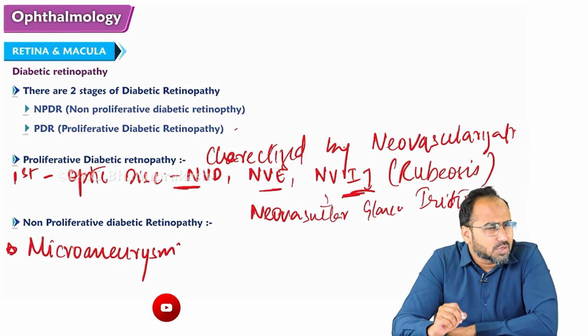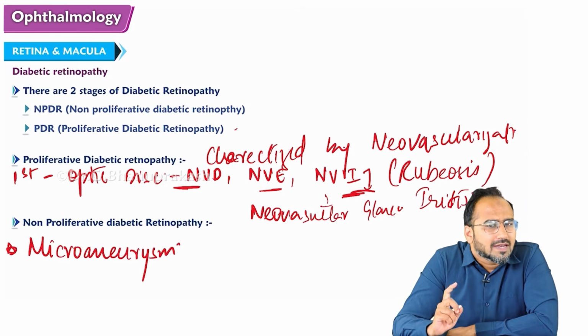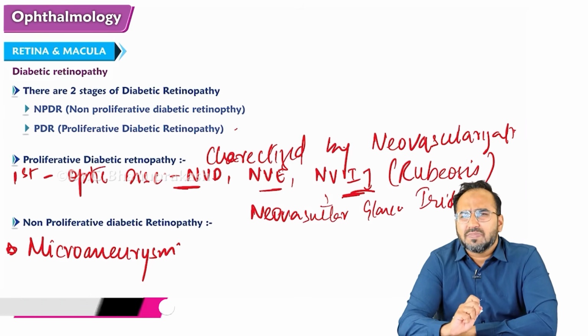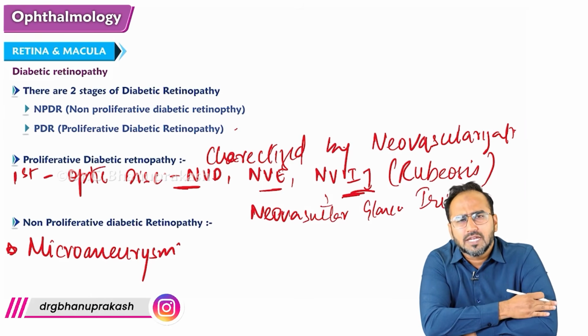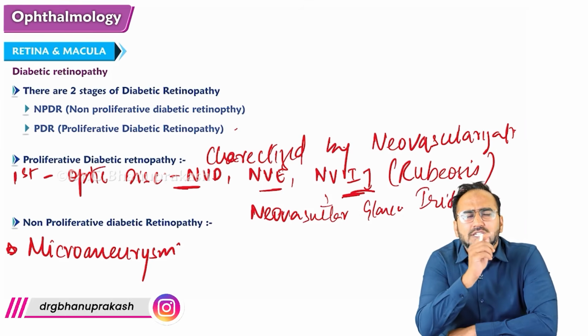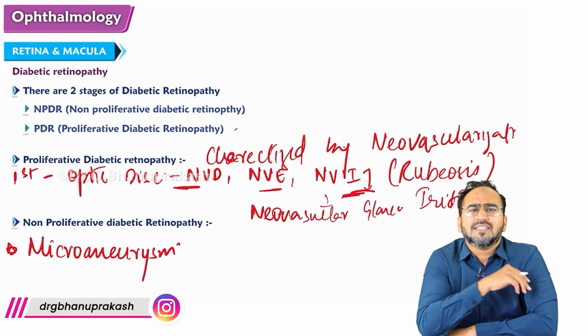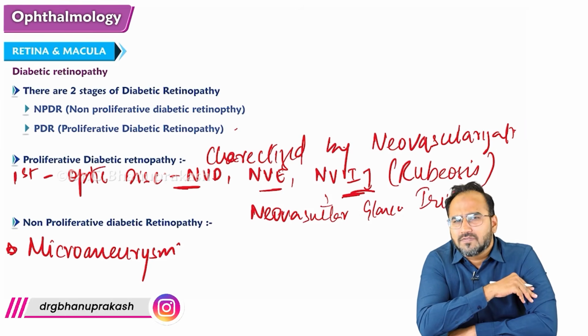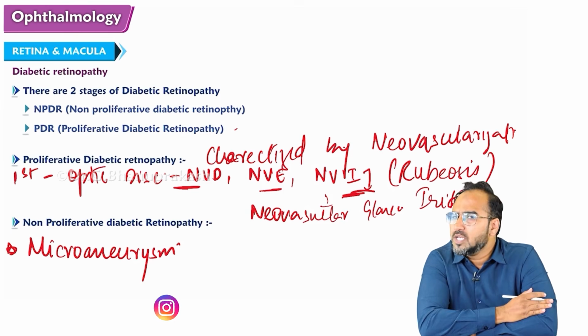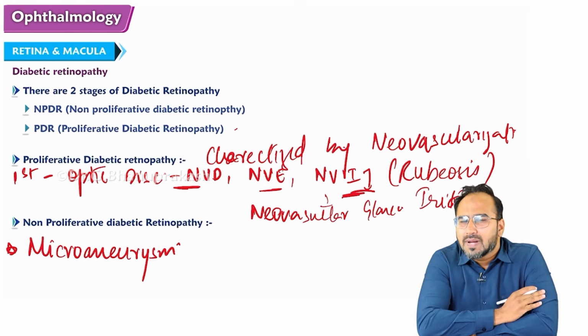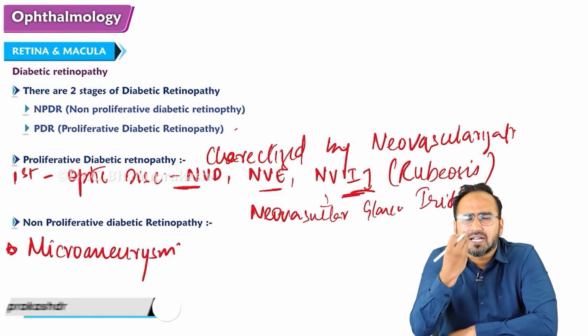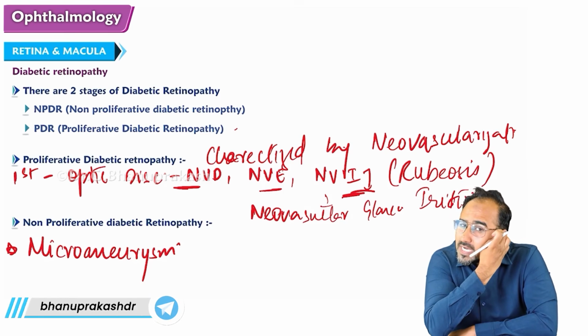But is just microaneurysm seen over here? Guys, look over here. What is meant by aneurysm? Aneurysm is a dilatation of the blood vessel. Small dilatation of the blood vessel, from a weaker point of the vessel, is called aneurysm. Due to this microaneurysm, sometimes the blood vessel ruptures, leading to some hemorrhage inside the retina.